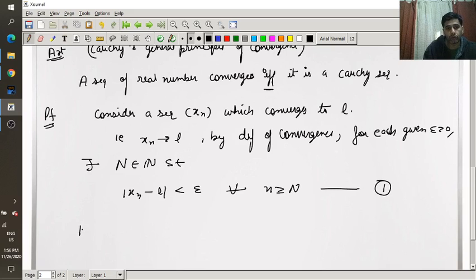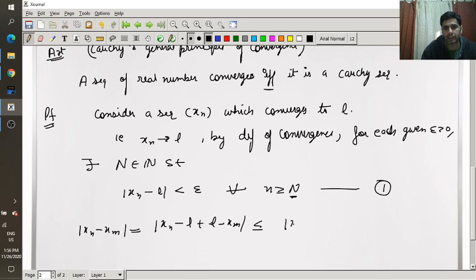So now we want to prove that we have to find a stage, and after that stage the difference of any two terms of the sequence should be less than epsilon. So I am taking xn and xm, right, and I am subtracting and adding L in this xn minus xm.